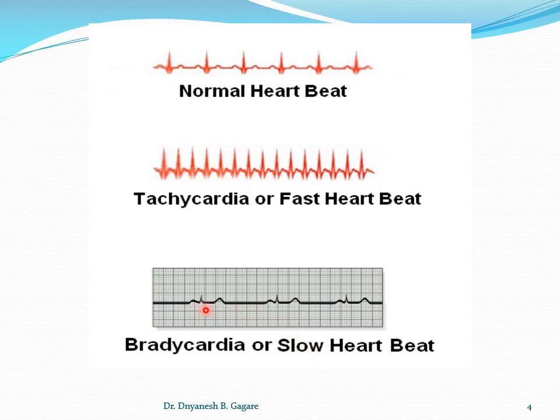If the heart rate is below 60, then see the gap between two R waves, it is too much. The gap between two R waves is increased. That is how it affects the ECG.